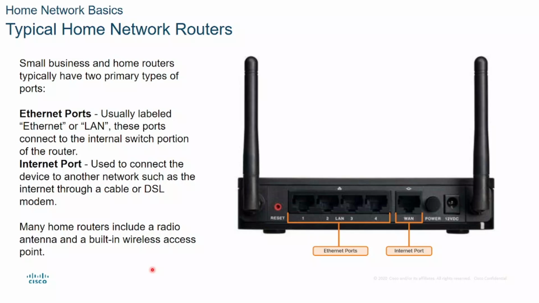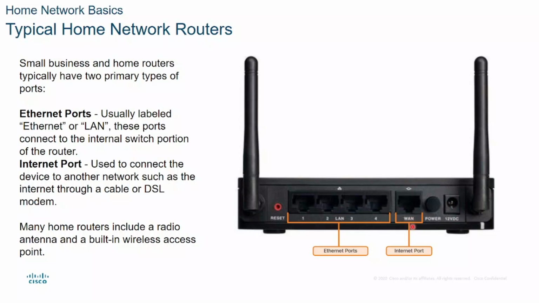Many home routers include a built-in radio antenna, or a built-in wireless access point. Now, the Ethernet ports are used to connect directly to home devices or end devices so that those devices can have access to the internet.